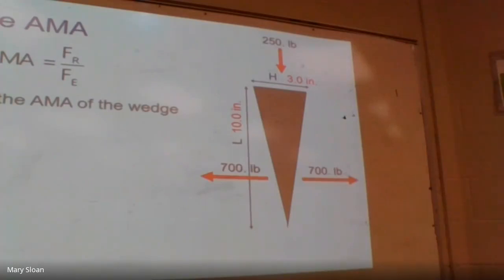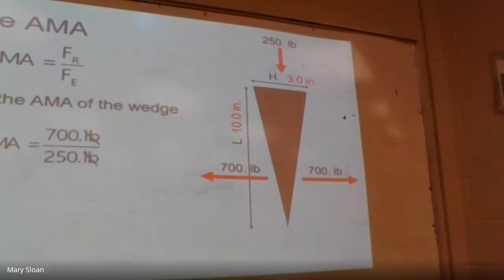And what is FE? Would it be 700 or 1400? It will be 1400, right? So we're going to take the magnitude of the resistance and divide it by the magnitude of the effort.